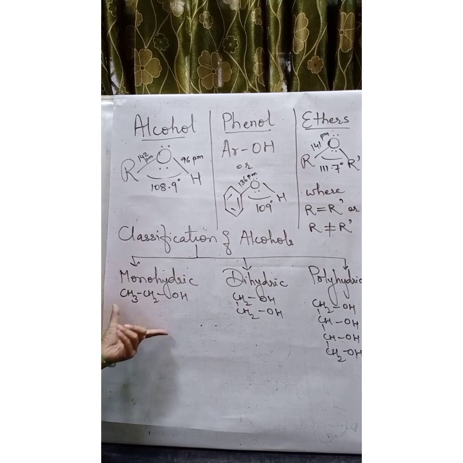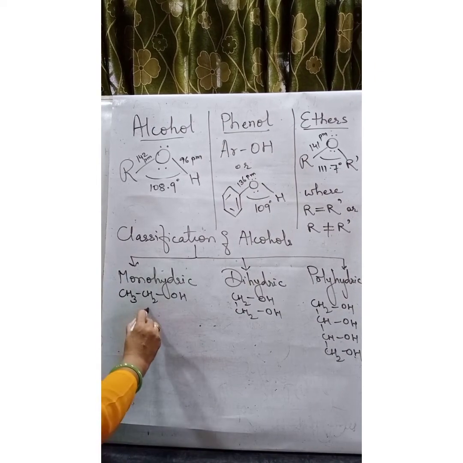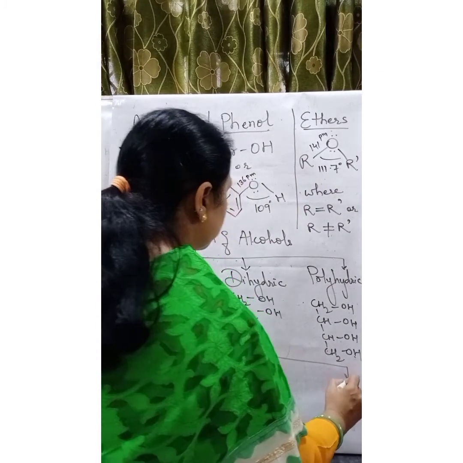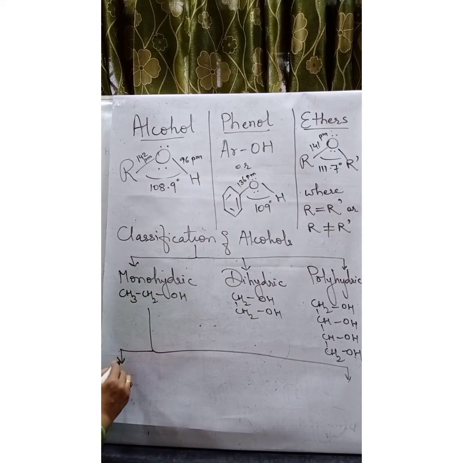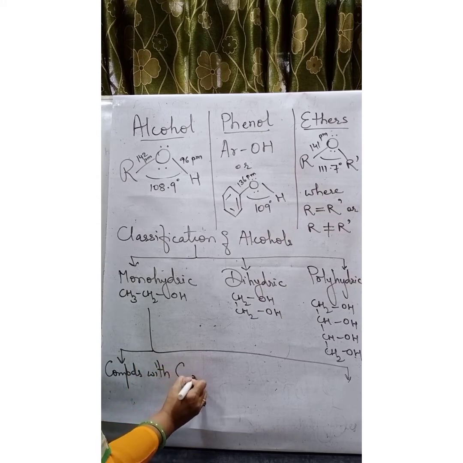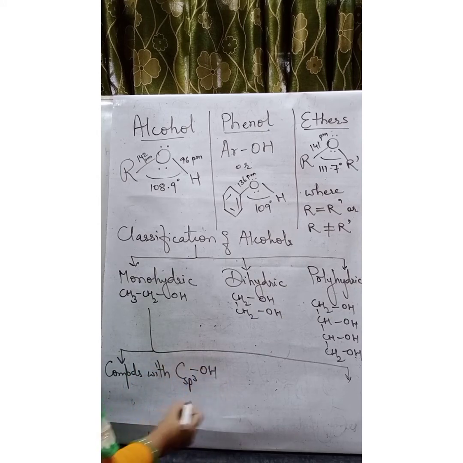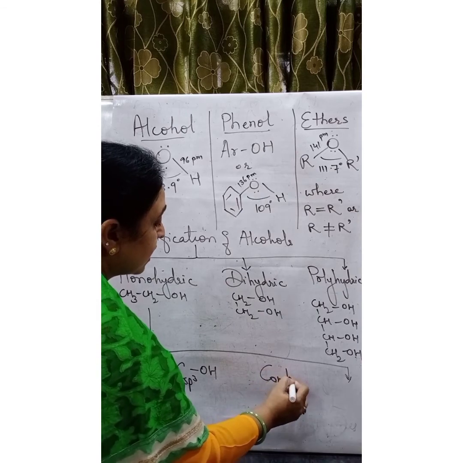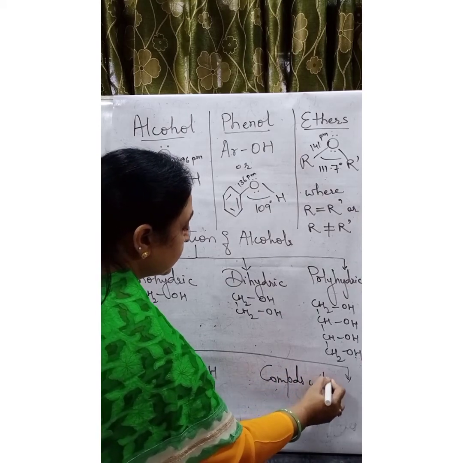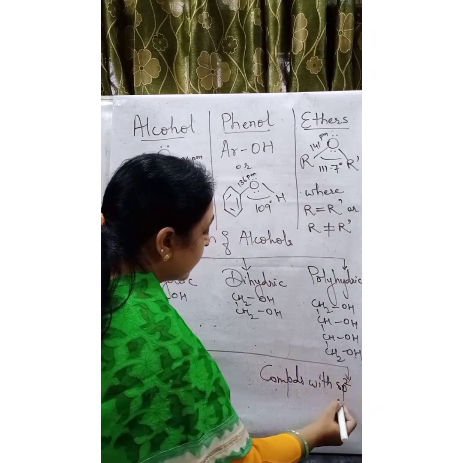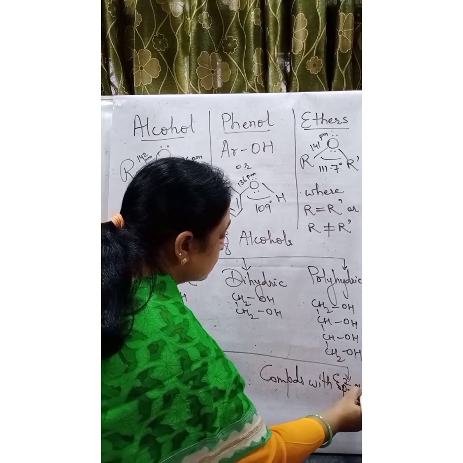Monohydric alcohols are further classified into two categories: compounds with sp3 hybrid carbon attached to OH and compounds with sp2 hybridized carbon attached to OH.